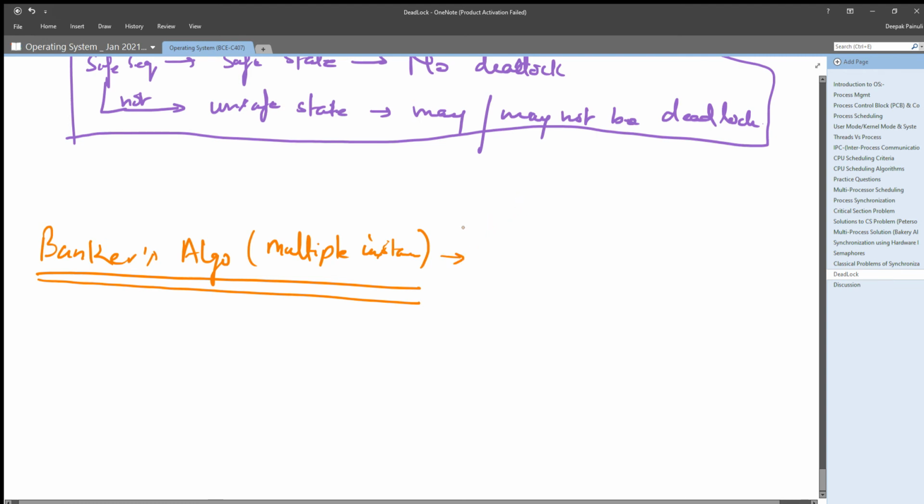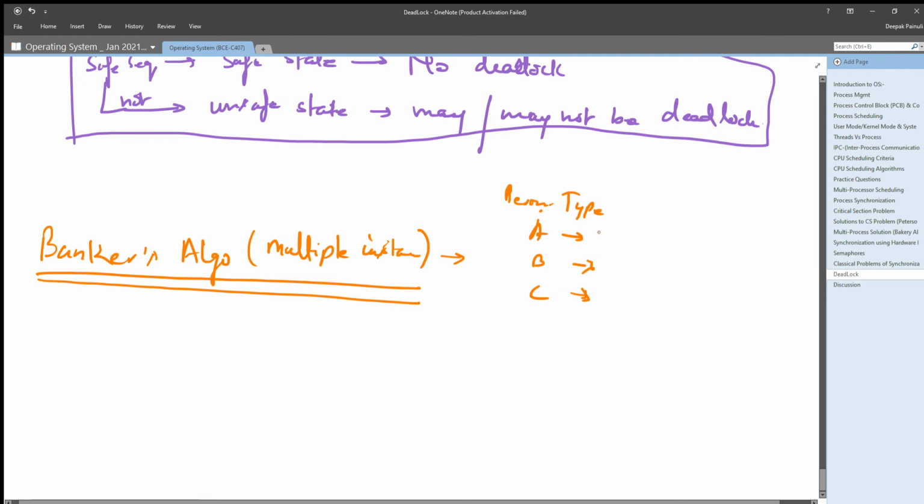That means, let us say we have resource types A, B, C. That means there are three types of resources in the system which could be allocated to any requesting process.